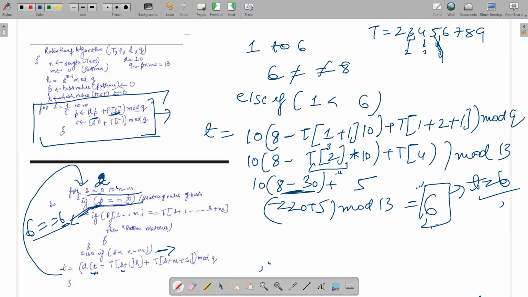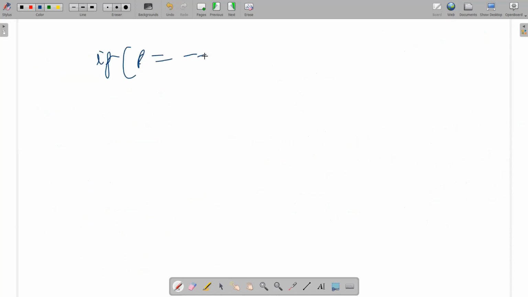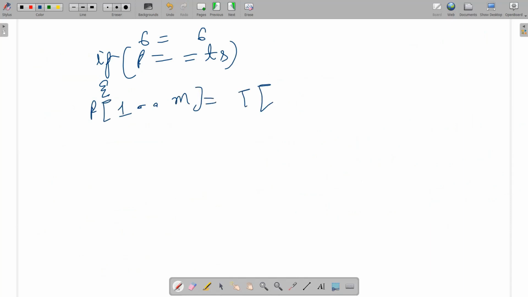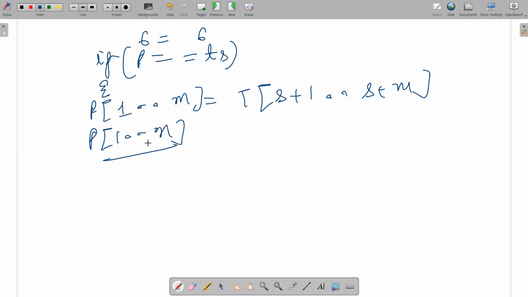Now, in that scenario, guys, what are we writing? We are writing if your P is equal to TS. Your P value was 6, your TS value is 6, then we have to check P of 1 to M is equal to T of S plus 1 to S plus M. And P of 1 to M means obviously this is your 45. It always works till 45.